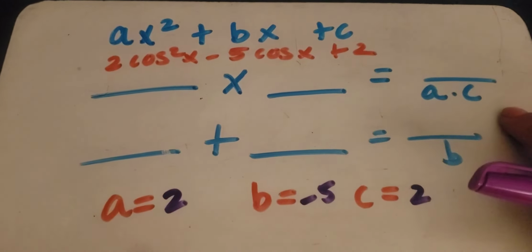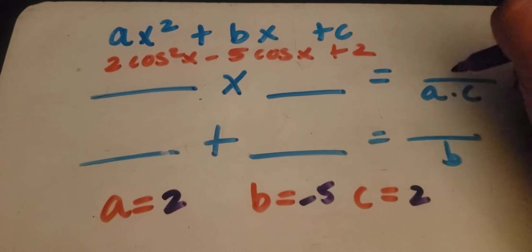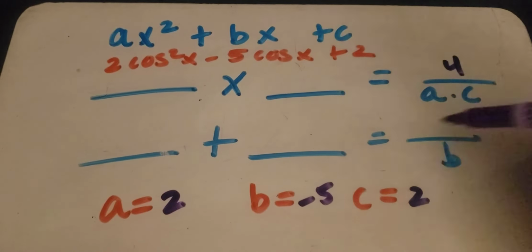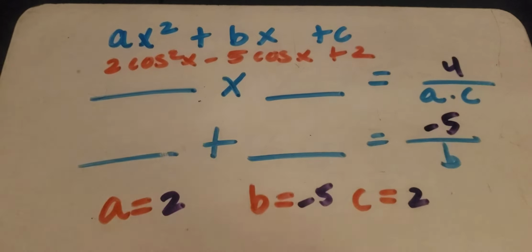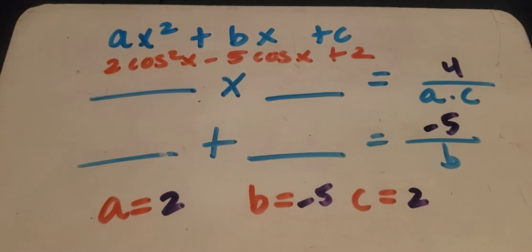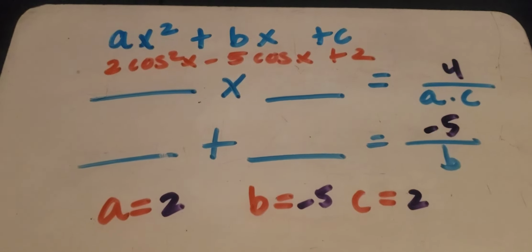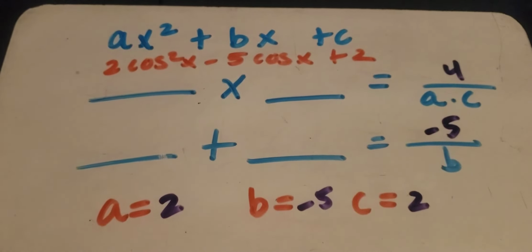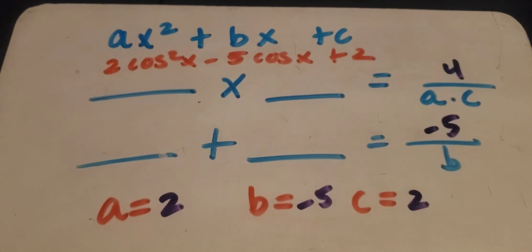So if you multiply A times C, that gives you 4. And if you just write down B, that'll give you negative 5. So think about this. You're looking for two numbers that multiply and give you positive 4, but when you add them, you'll get negative 5.